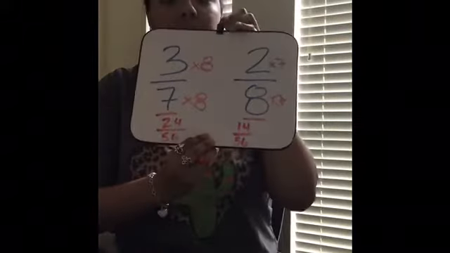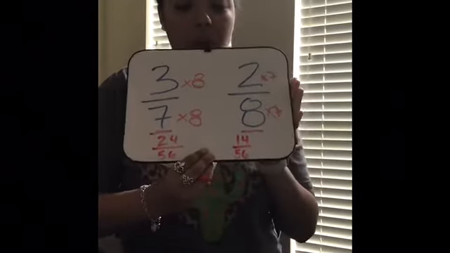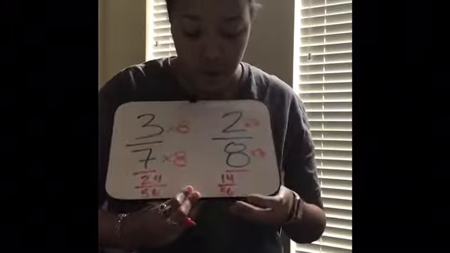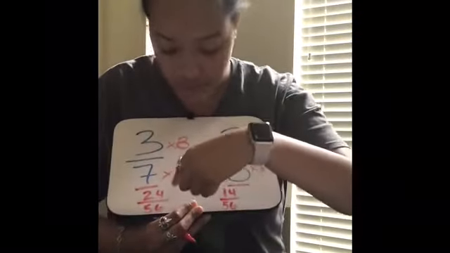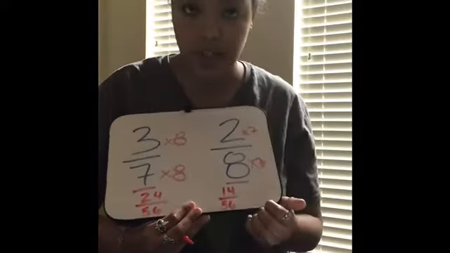So are the denominators the same? Yes, they're both 56, okay? Are the numerators the same? No. Which numerator is larger? 24, because 24 is larger than 14.